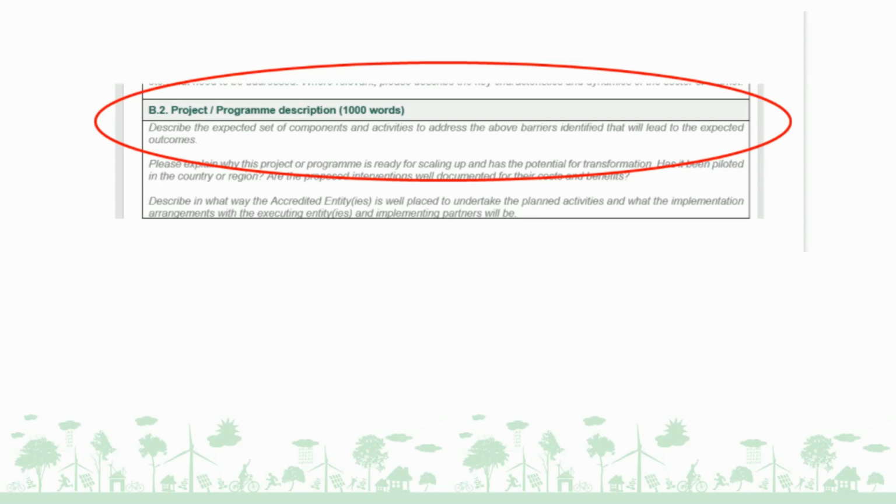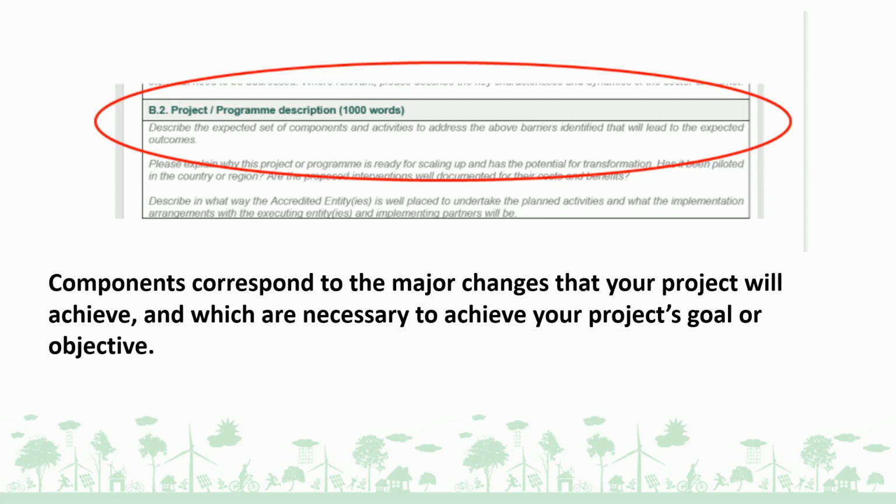So the components are the biggest piece of your project. They correspond to the major changes that your project will achieve and which are necessary to achieve your project's goal or objective. So you can think of them as the chapters of your project. Each of the components tells their own smaller story of change that contributes to the overall bigger change that your project will make happen.